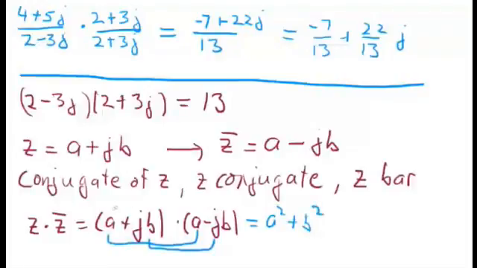And the imaginary parts cancel. a times minus jb and jb times a add to 0. So I get this real number. When we talk about geometry, we'll call this a squared plus b squared the length of z, and we'll denote it like this. It'll be the length of z squared. Should remind you of the Pythagorean theorem.